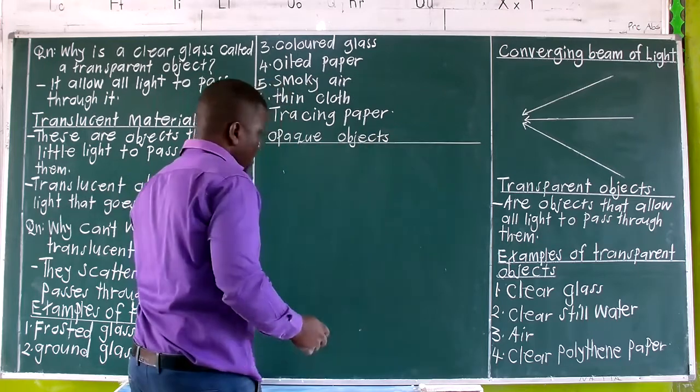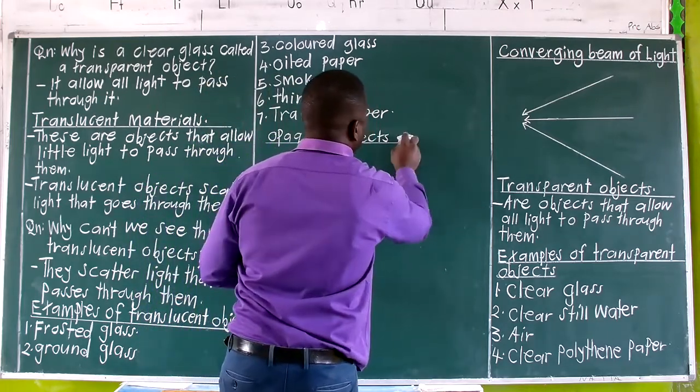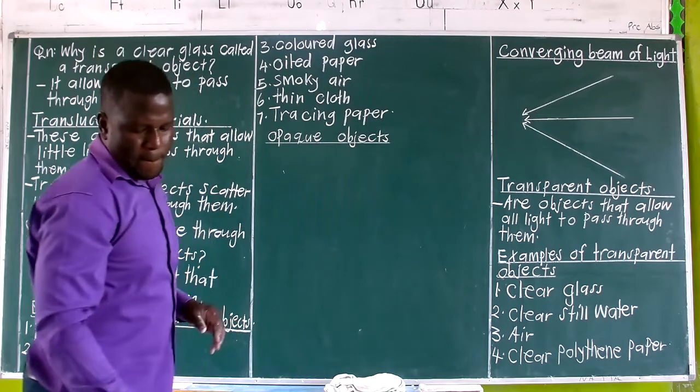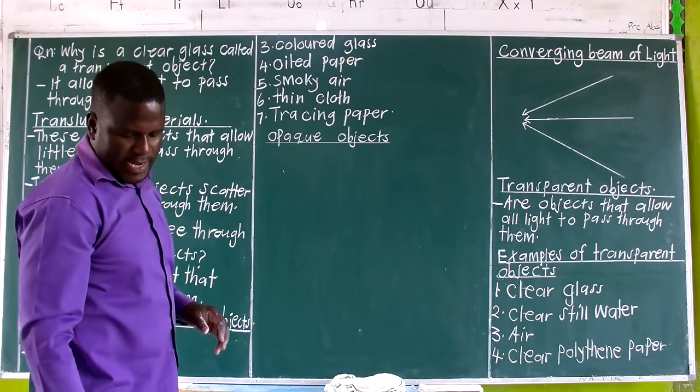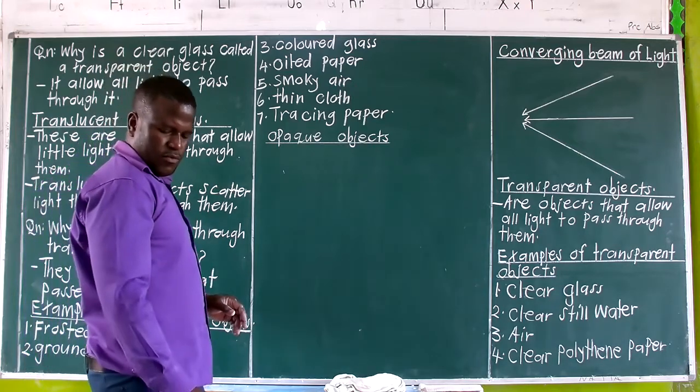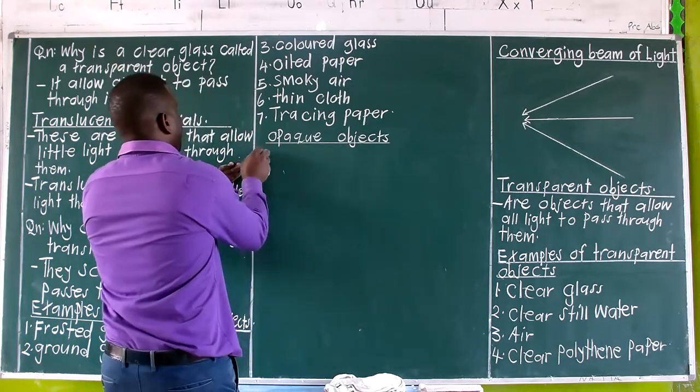Now, opaque objects are materials that do not allow any light to go through them.